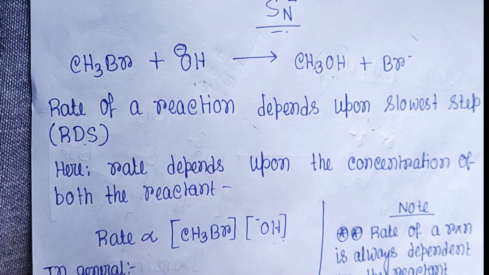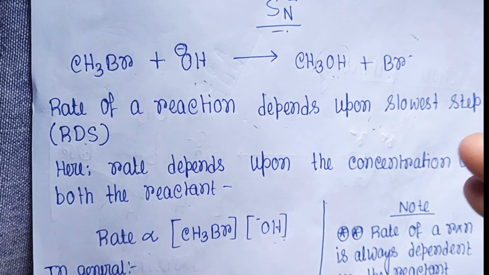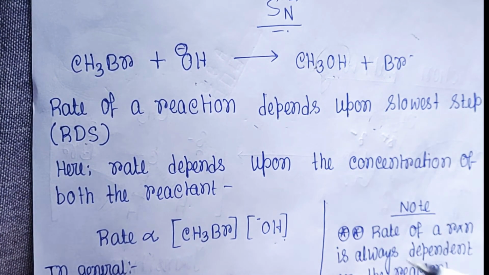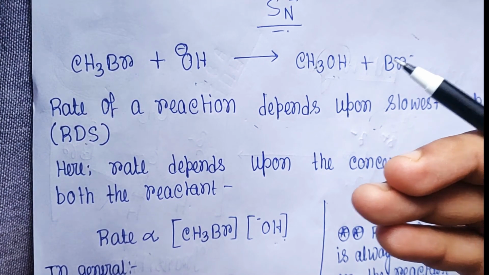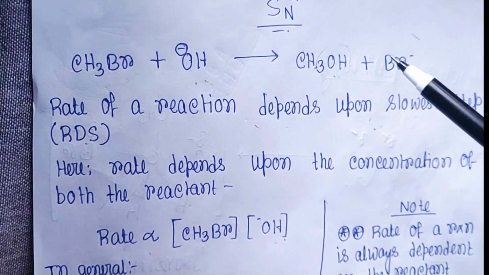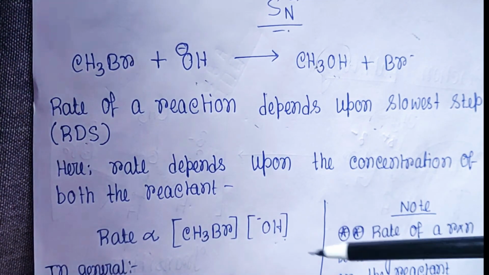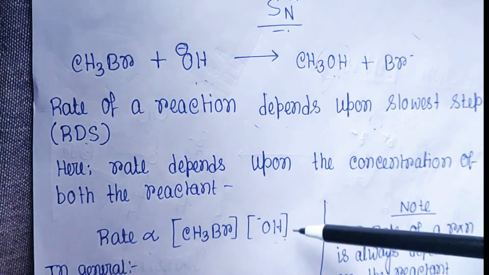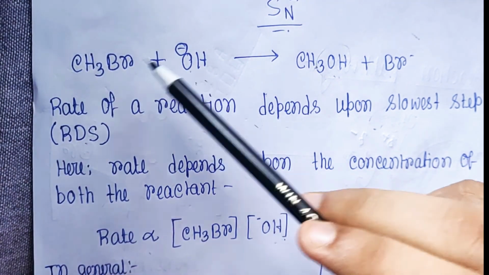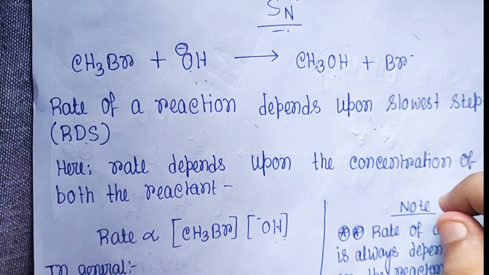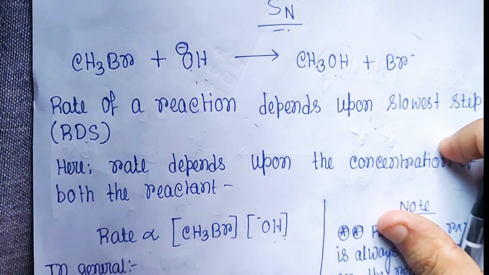When the team is one, like only you are going on the expedition, then the rate depends on you only. You yourself are the team. Similarly, the same thing is happening here as well. So the rate would depend on both of the reactants because this is the only step happening in this reaction.